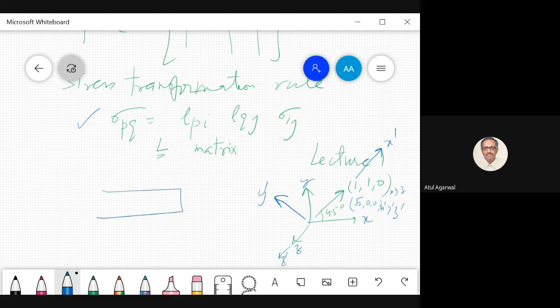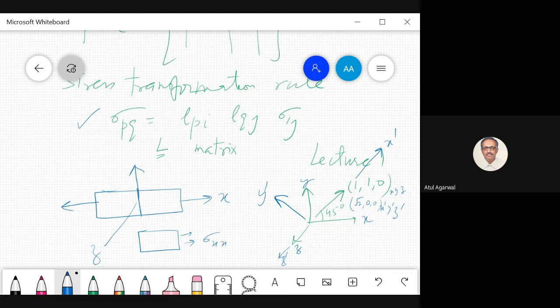I had done this problem. So suppose this is my y-axis and z-axis. I had taken a plane like this. I am finding sigma xx here using this plane.